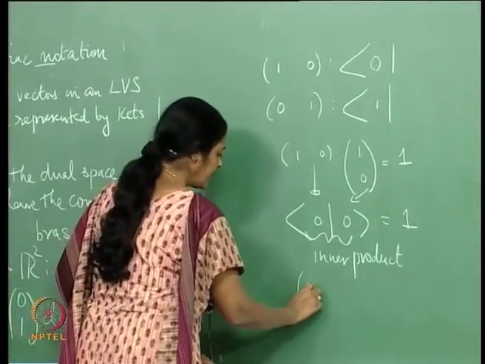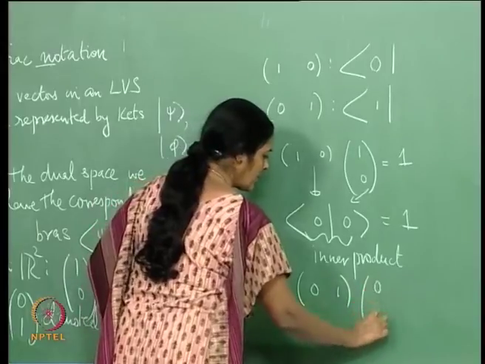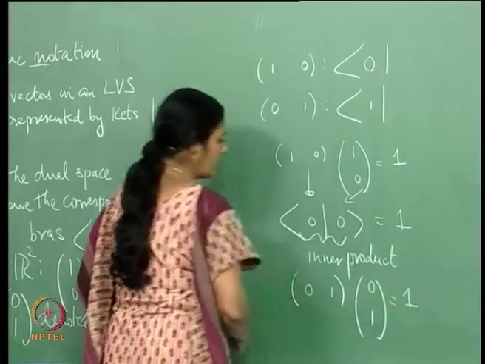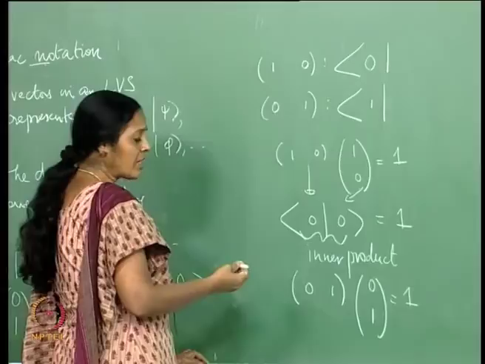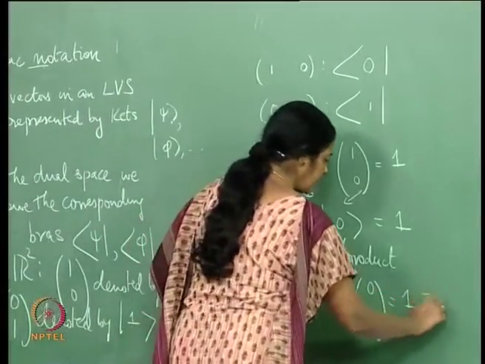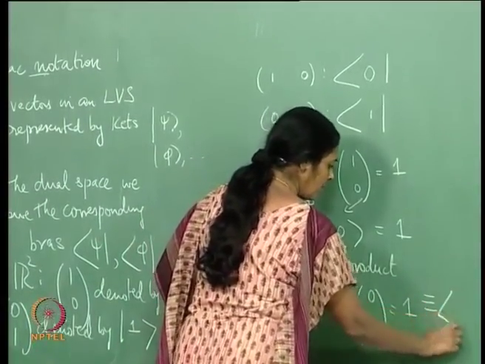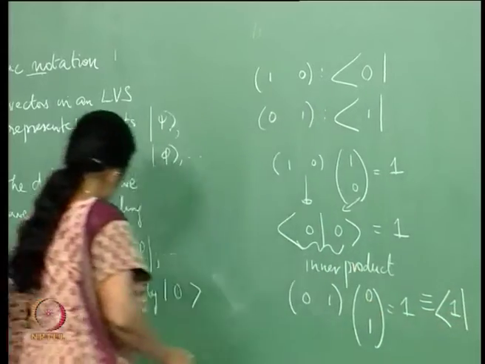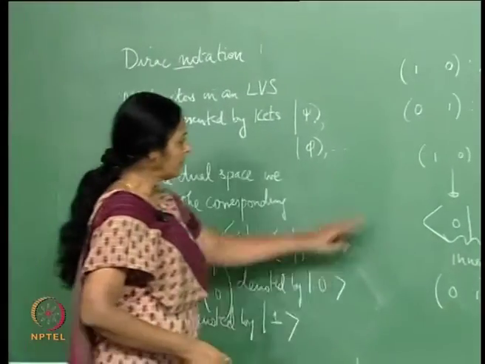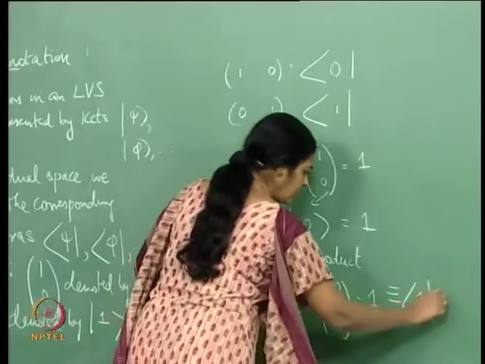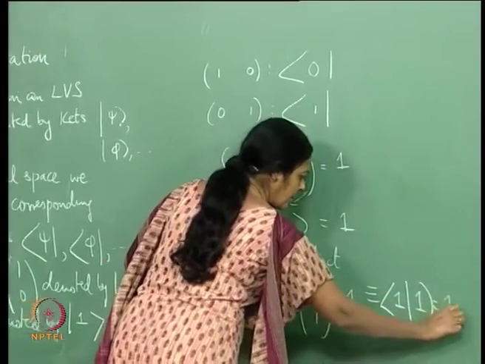Similarly, 0 1 with 0 1 is 1. In the Dirac notation, that is identical to bra 1, ket 1 is 1.